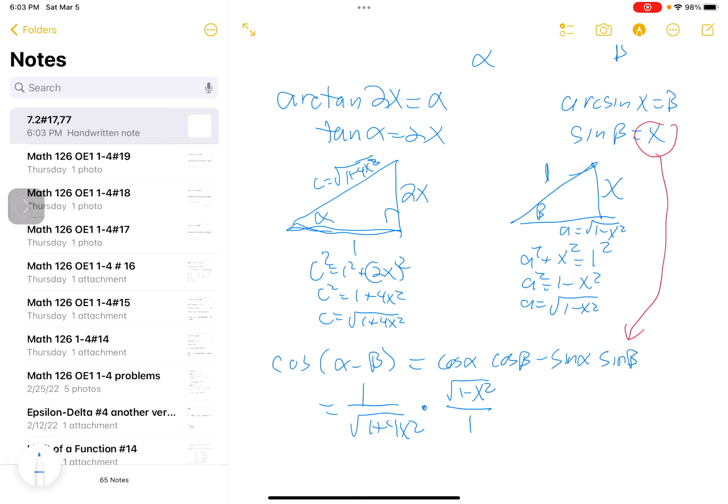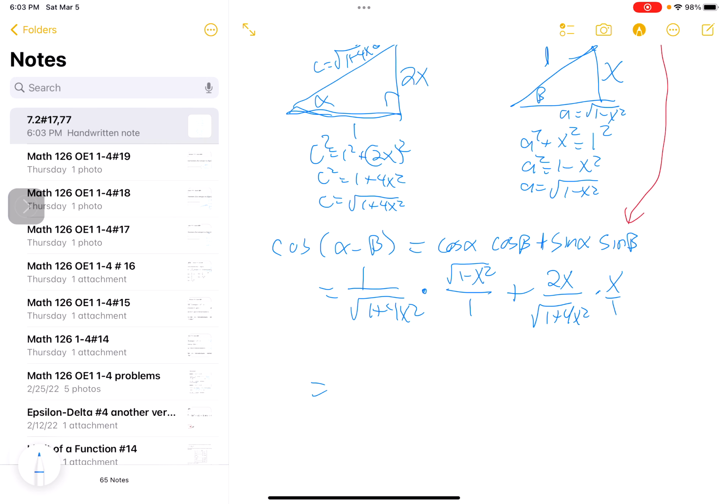Then, oh, this is a minus, so this should be a plus here. I know everyone's probably screaming at their screens, it's a plus. Sine of alpha is 2x over the square root of 1 plus 4x squared, and sine of beta is just x over 1.